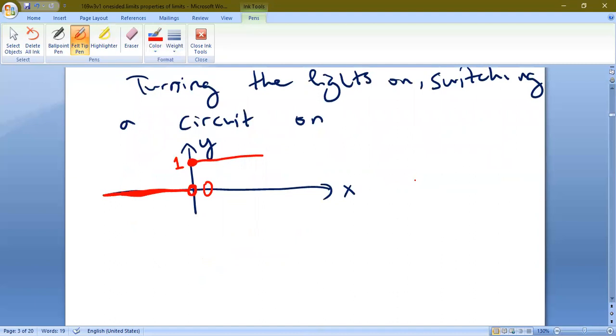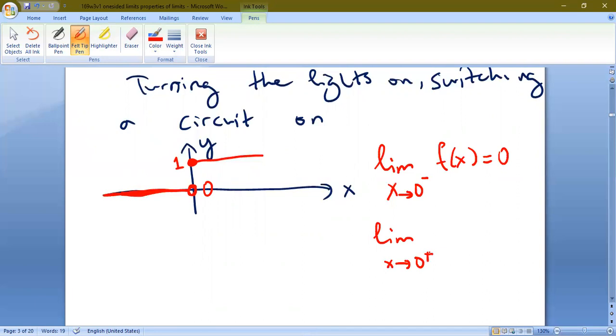And what can we say about the limits here? The limit as x goes to 0 from the left of this function is 0, but the limit as x goes to 0 from the right is equal to 1.